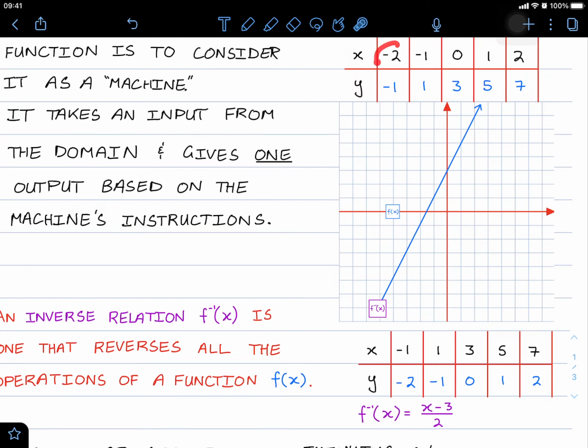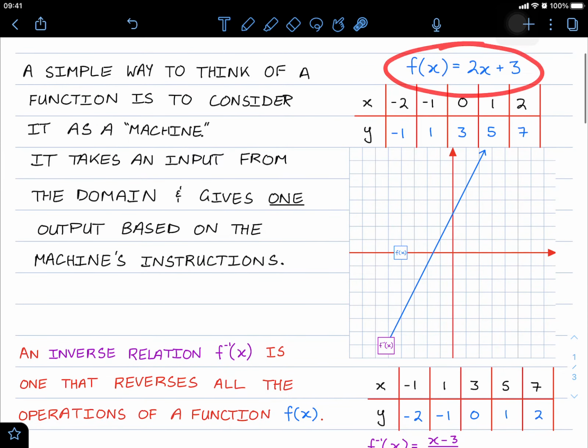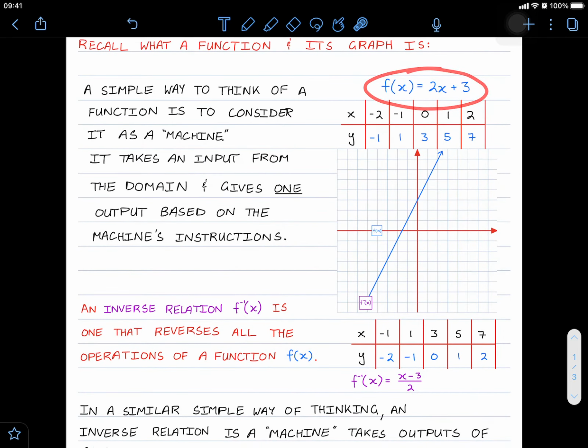Notice how the input here gives an output, but in the inverse, when we take the output and we run it through the inverse function, it gives the original input. So an inverse of a function reverses all the operations done by the original instructions. So the inverse of this function is this one.